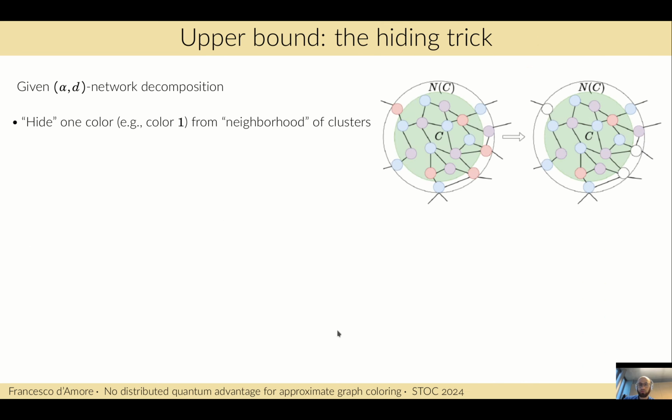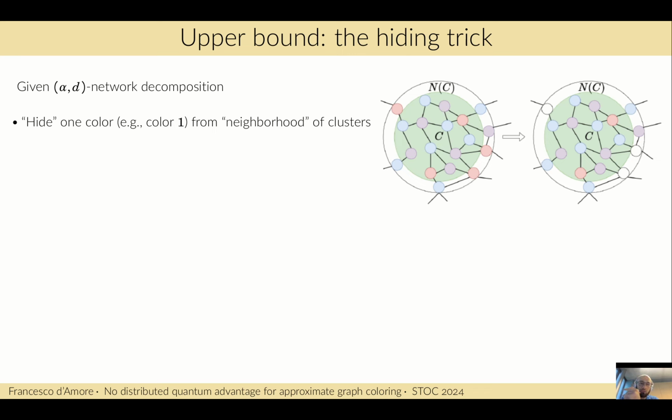But we can actually do better, and the idea is what we call the hiding trick. Again, we suppose we are given an alpha d network decomposition, and the idea is to hide one color from the neighborhood of the cluster. This means that neighboring nodes of a cluster will not see a specific color. This is achievable by modifying a bit the clustering technique.